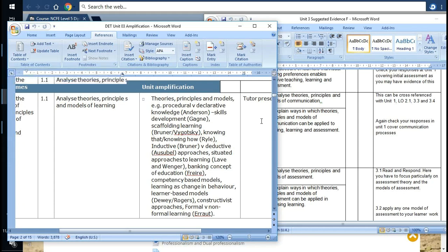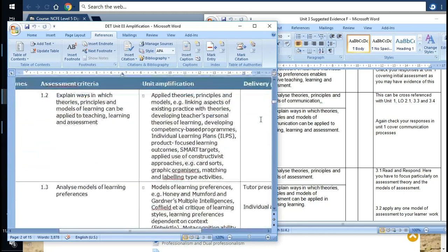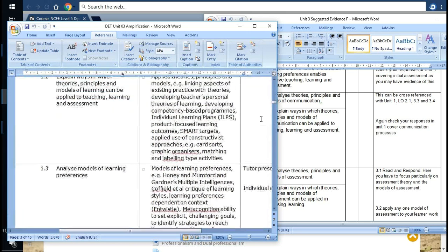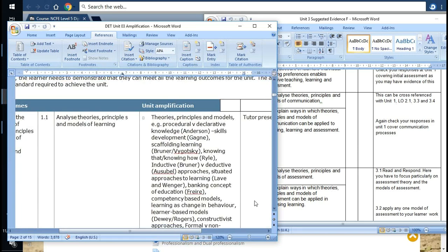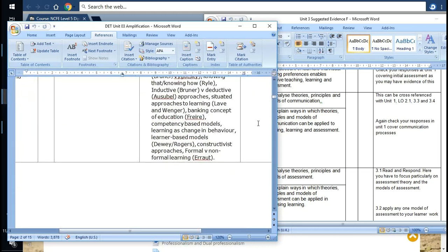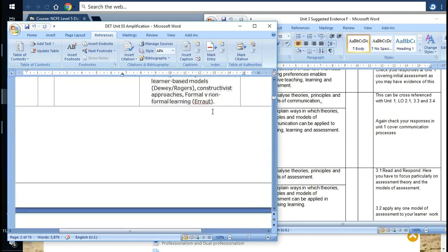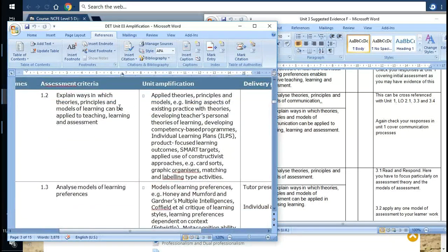If you've not, come back and we'll look at that again. Then in 1.2, you can explain how you apply one of those to the way you actually deliver and work against or towards those theories of principles and models of learning. Sorry, 1.1 is the analysis of a range of different ones, and then it's basically pick one closest to what you actually do, and that's what you refer to in 1.2, and it's just an explanation of that.